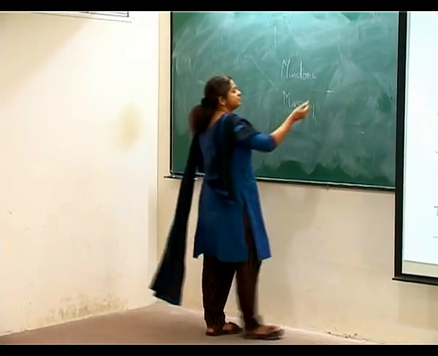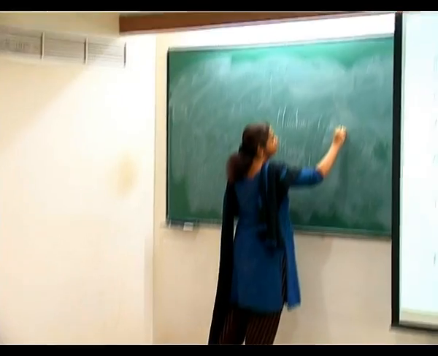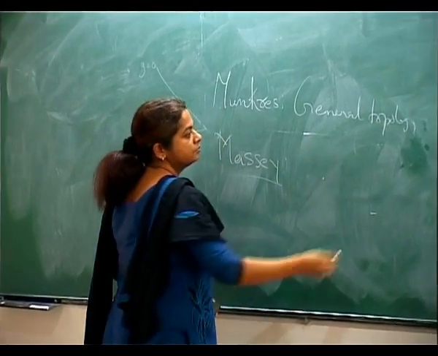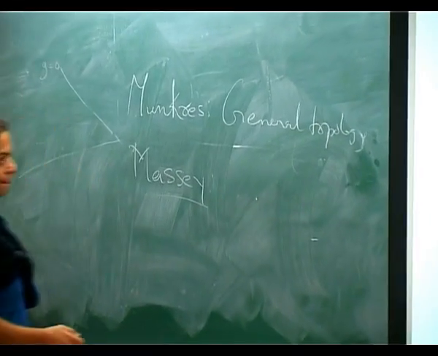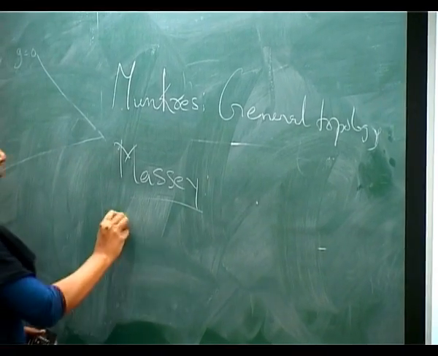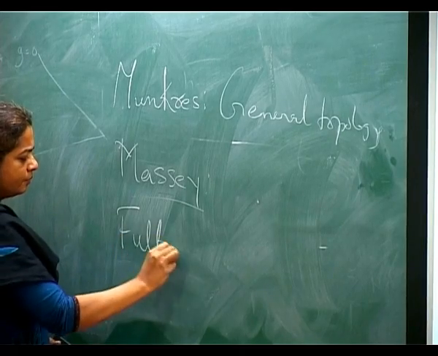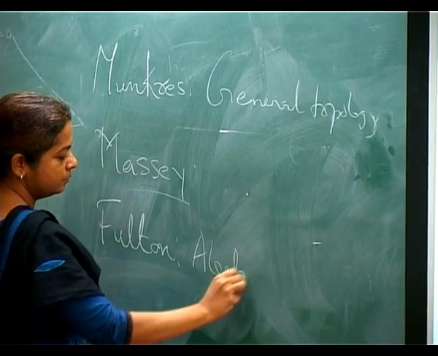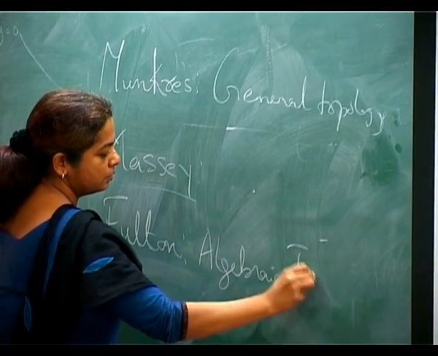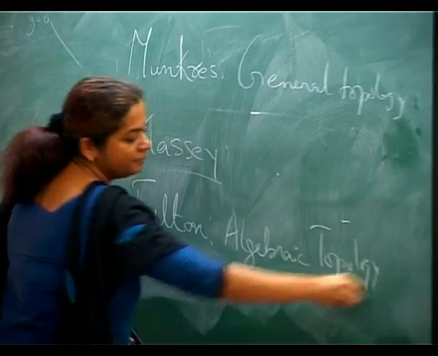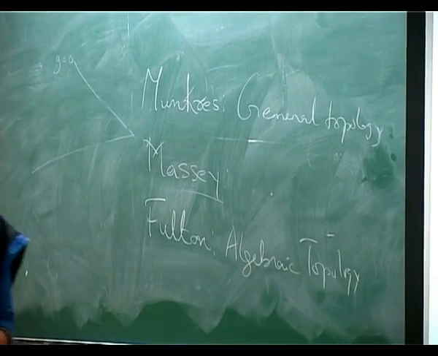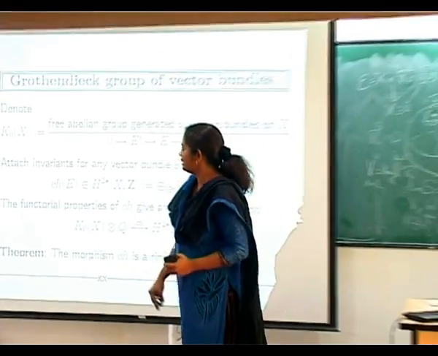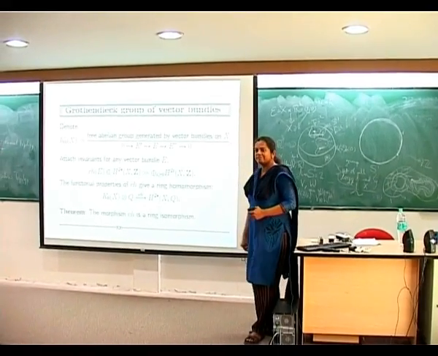And I think this is called general topology, maybe. And I think there are other books by Fulton also. I think maybe it's called algebraic topology. Yeah, I think there are many good books now available in the market, but I don't know the details of the titles and so on. I hope you can find them.